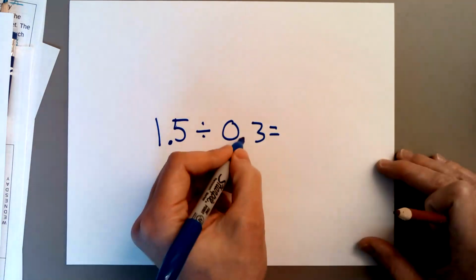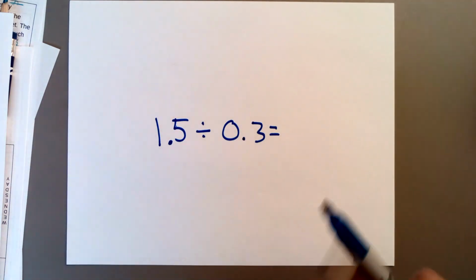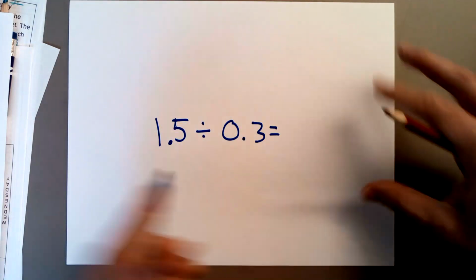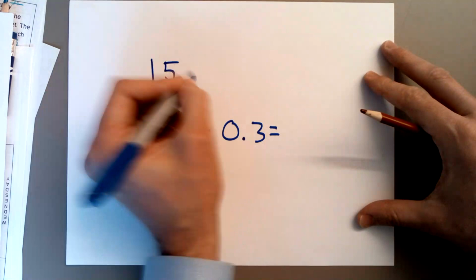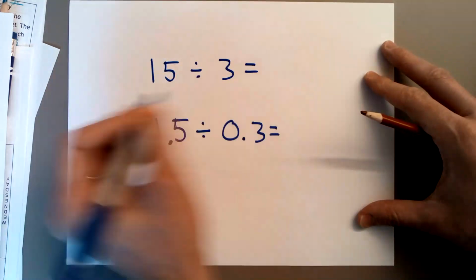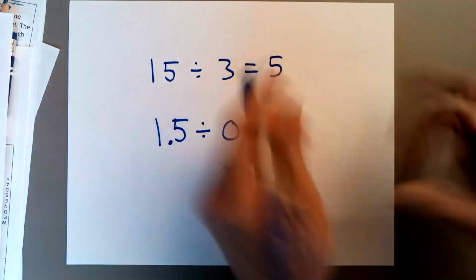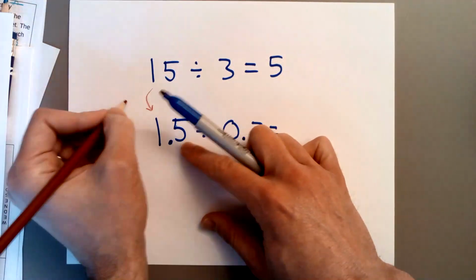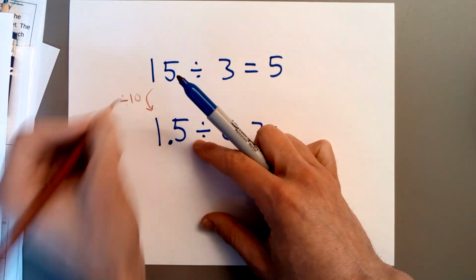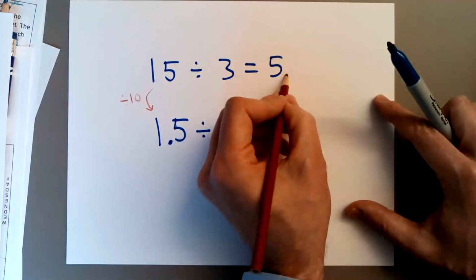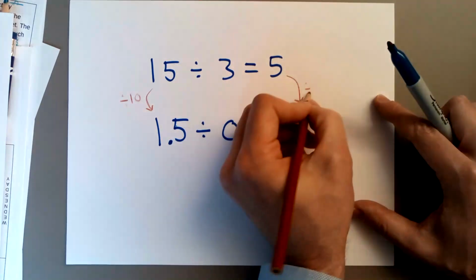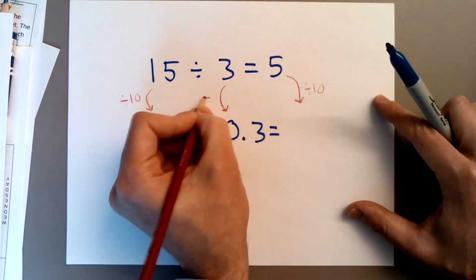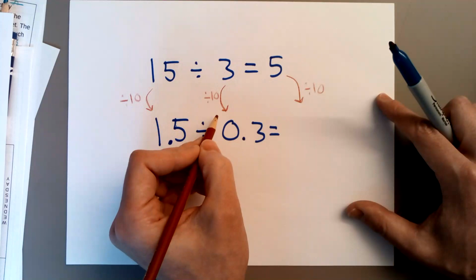And lastly, what about if both of the numbers are decimals? Well, in this case, this is actually the easiest situation. If I think about these as whole numbers, 15 divided by 3, still 5. But this dividend is 10 times smaller, which should make the quotient 10 times smaller, except the divisor is also 10 times smaller.